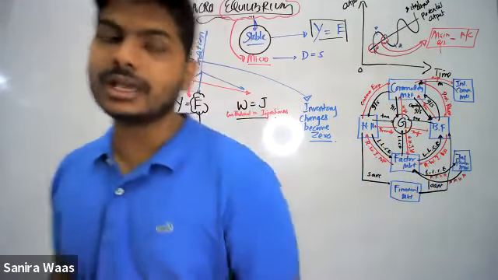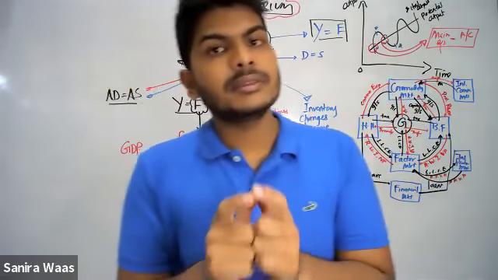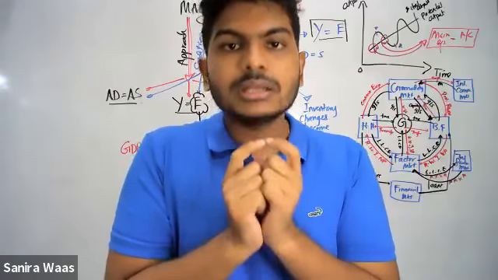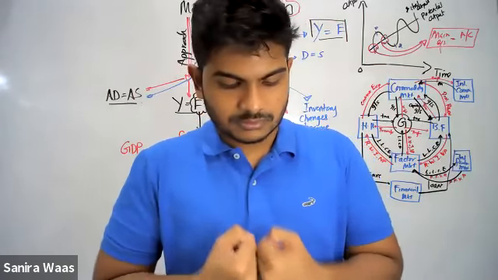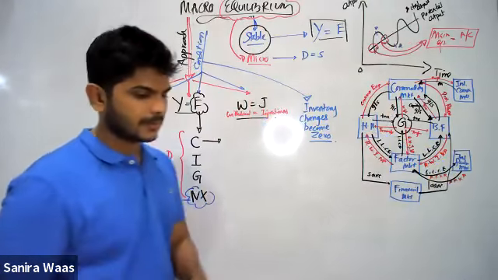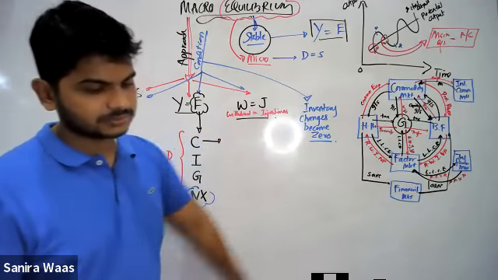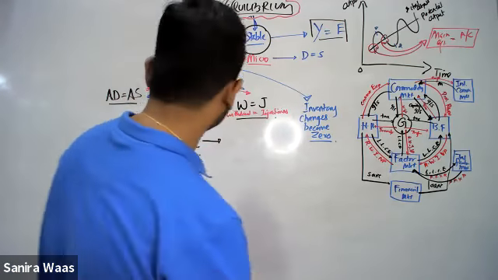Then tell me, what are the components inside consumption? I am asking about the consumption function, right? What are the components of the consumption function? What is inside the consumption function?